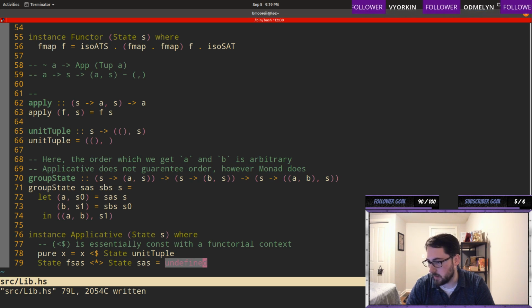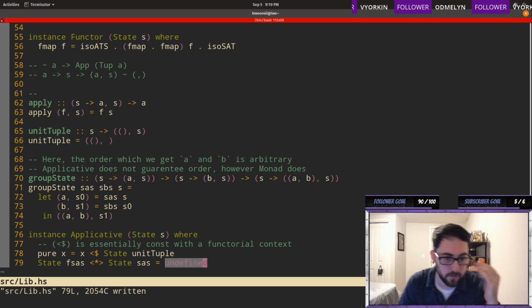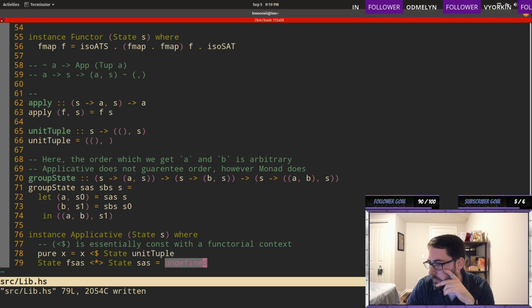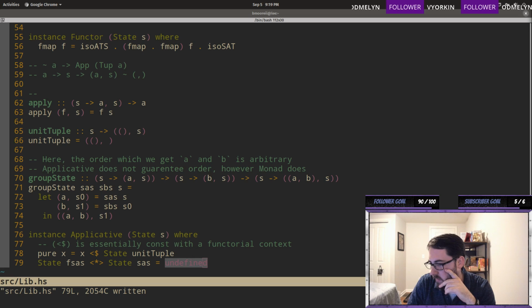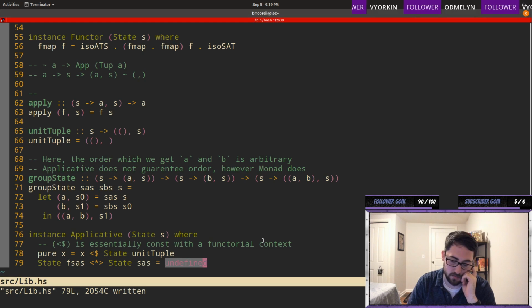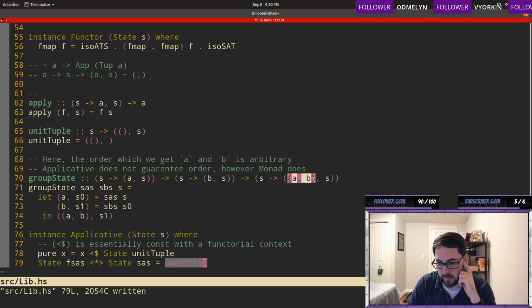But you said I don't need apply, so Oren says, "Whoops, can just use fmap, right?" Maybe. What do I fmap? That's the part I don't see. Because this is gonna end up being, okay, so let's say I group state these two things.